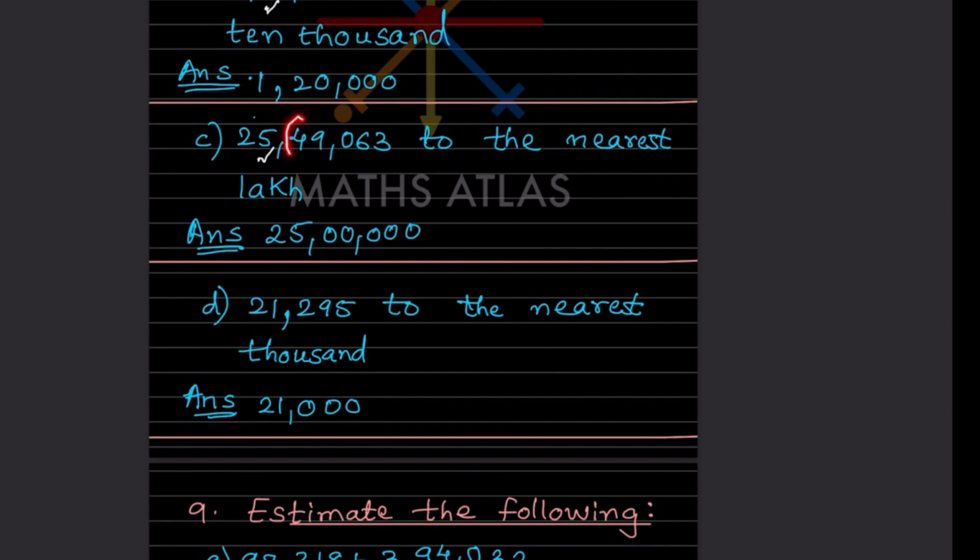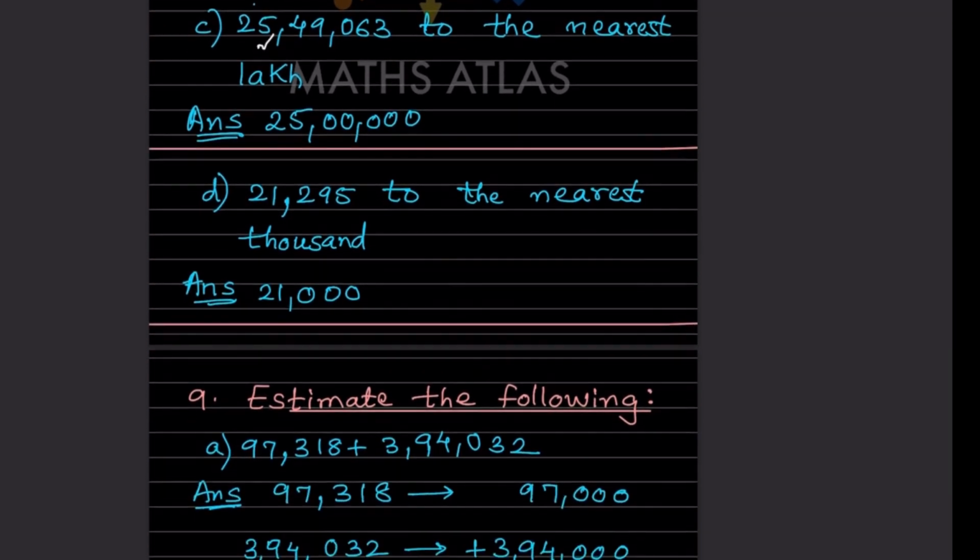So the next number is what? 4. So 4 is less than 5. So what is going to happen here? These all 5 digits are first going to be 0, and this 5 is not going to change because this is less than 5. So 5 will be as it is. Of course, this number has nothing to do, it will be same as this, 2. So it comes to 25 lakhs.